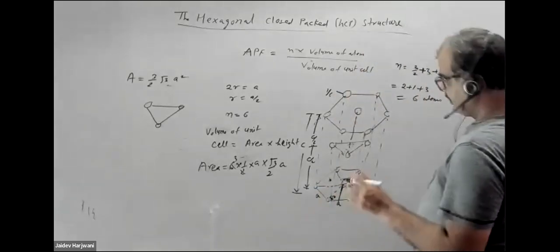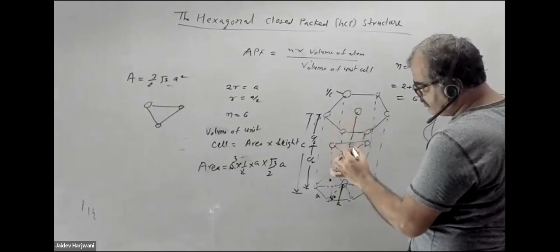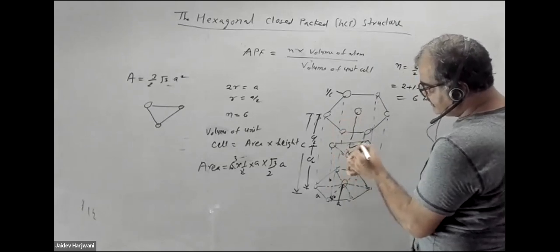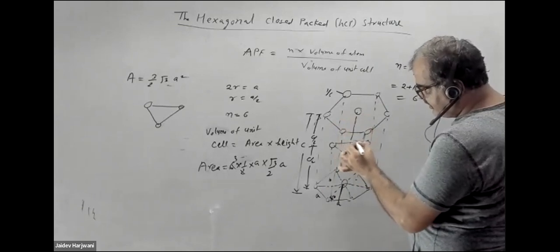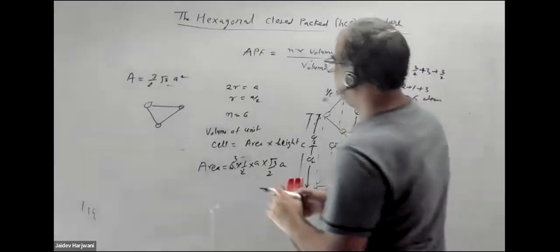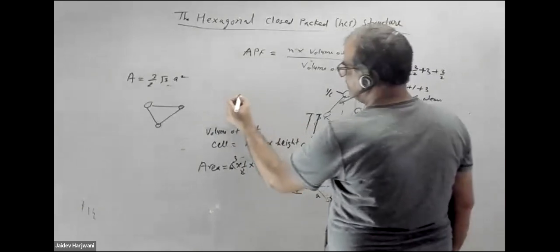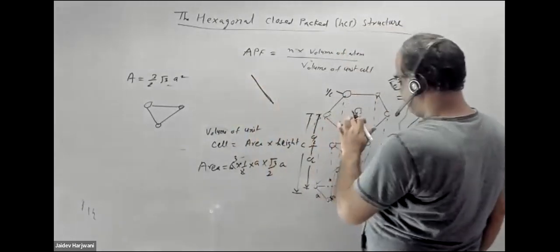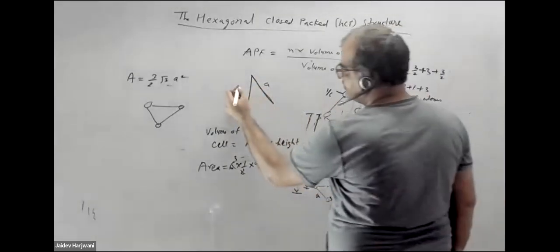Now this is your atom, and this distance is c/2. This distance we already know, because when this atom is here, they are touching, so the distance is a. I have this triangle. The distance between the atoms is already a, and this height is already c/2.